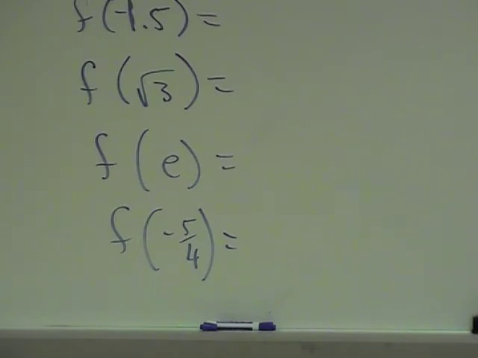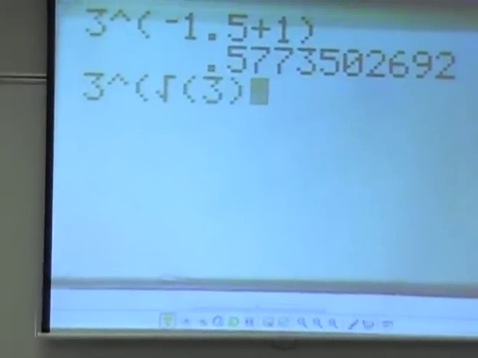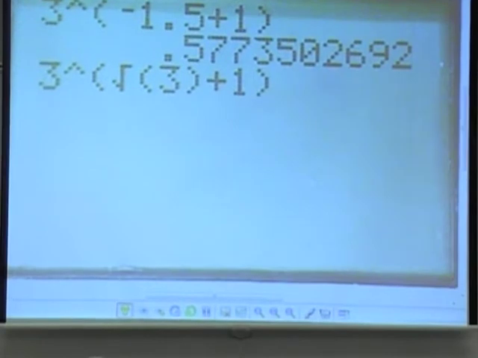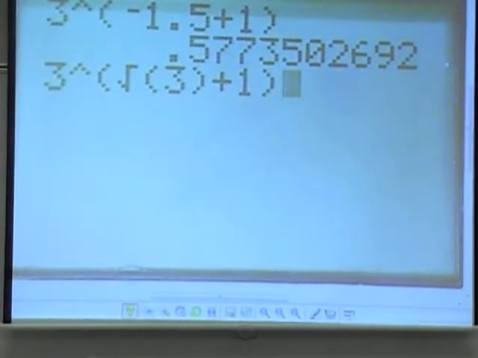Okay, let's see if you got what I get. 3 raised to the square root of 3 plus 1. That's what it should look like right there. If you didn't put the parentheses around the 3 plus 1, then it's the square root of 4, which would have given you 9.